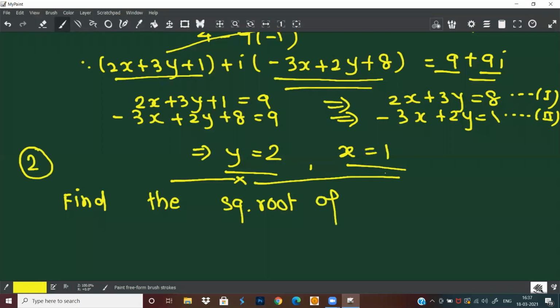Let's do one sum. Find the square root of minus 8 minus 6i. Now we have to get the square root of this number. I know it is cancelled in many places, but in some colleges they take one or two sums.